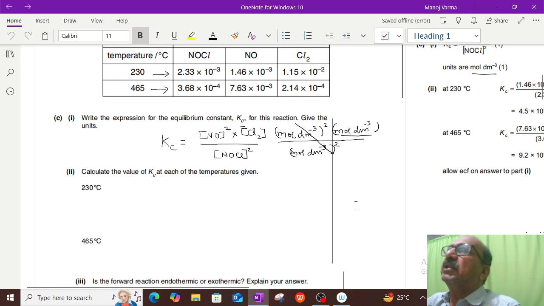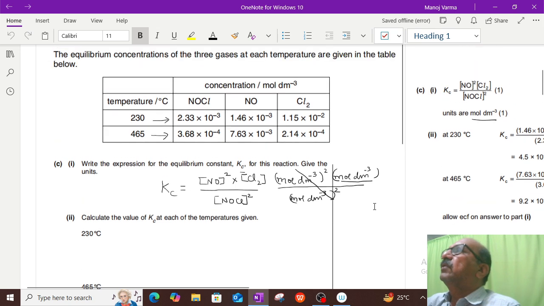Now the next question is, calculate the value of Kc at each of the temperatures given. So you have to use this formula and put the values once for 230 and the second time for 465. So at 230 these values you will put, and at 465 these values you will put.